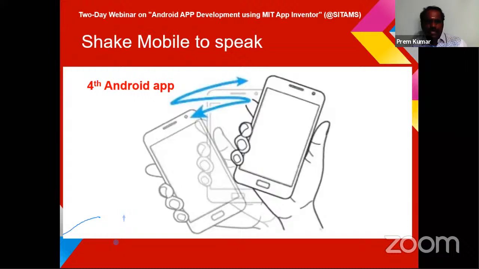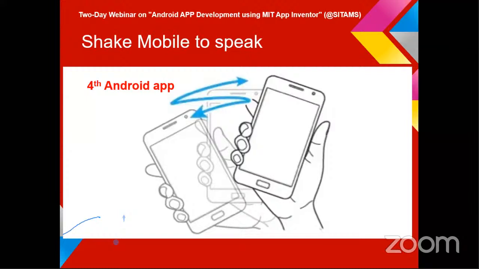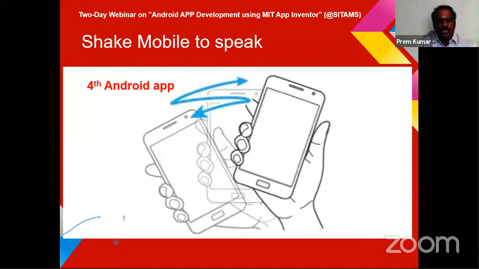The component will be available in the palette. Whatever components are used will be displayed in the components area, whereas in the palette you will find what components you can use.